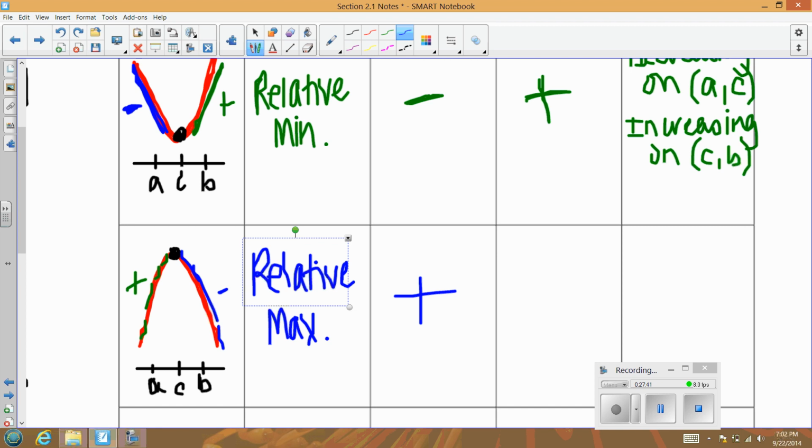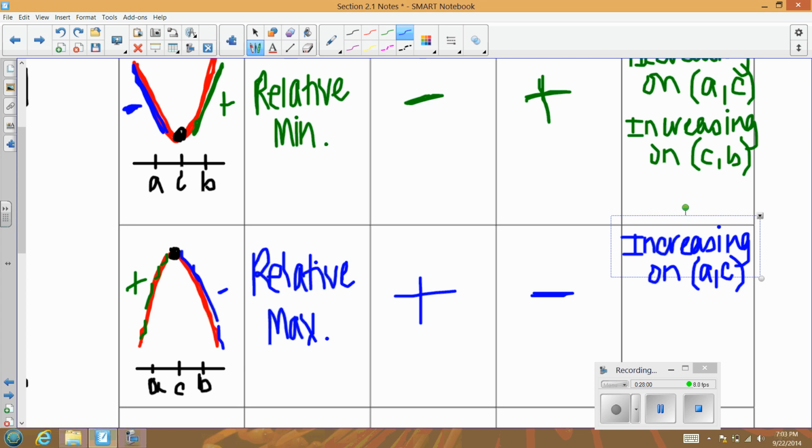From c to b, if you evaluated the derivative at any of those points, it's always going to be a negative value, which basically means I'm increasing on the interval a to c and decreasing on the interval c to b.